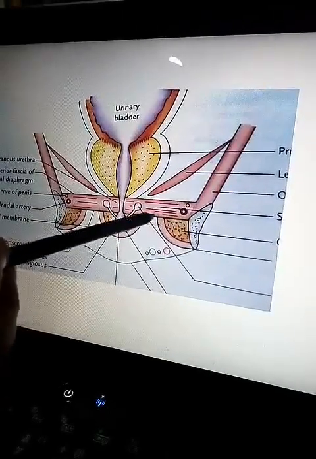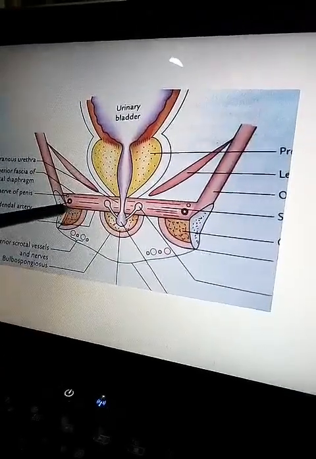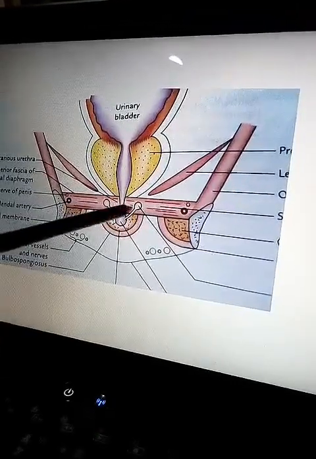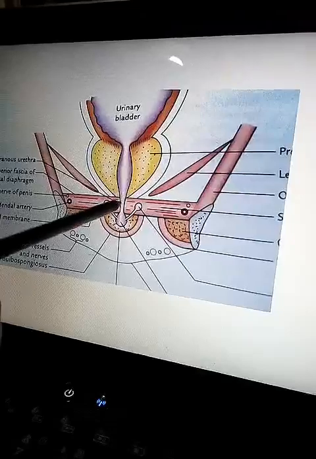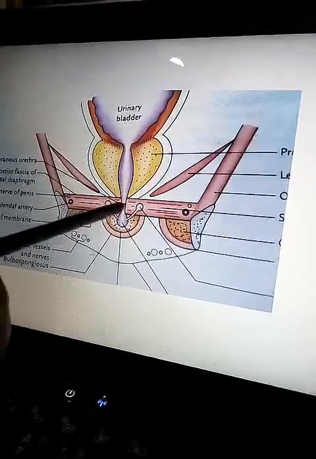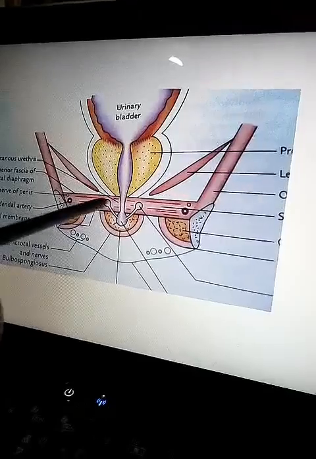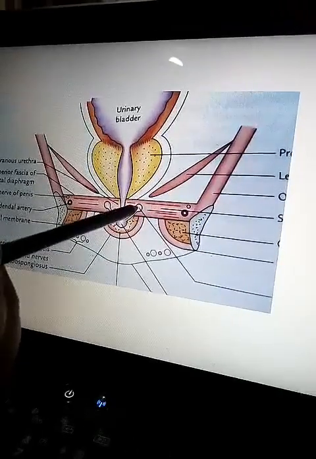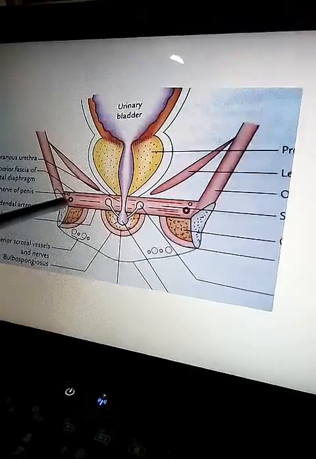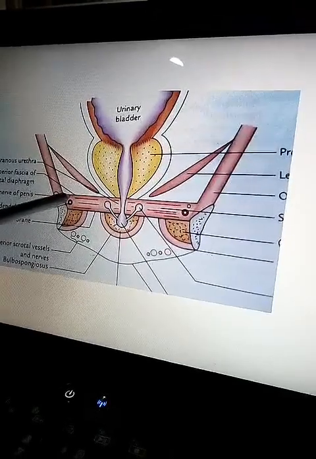That inferior fascia is also known as perineal membrane. So this area is the deep perineal pouch. Contents are the membranous urethra, sphincter urethrae muscle, deep transverse perineal muscles, bulbourethral glands, and branches of the internal pudendal vessels and pudendal nerve.